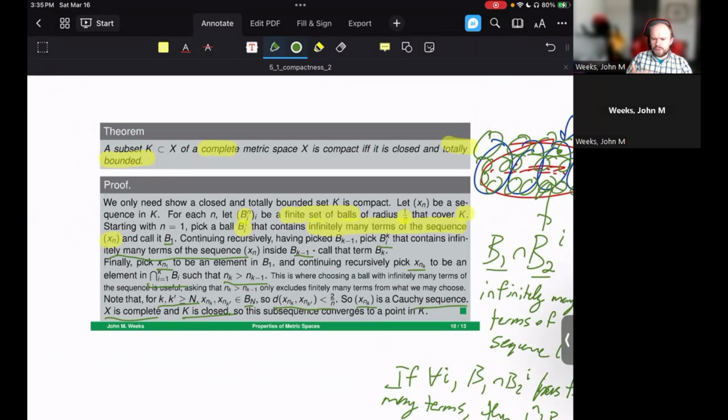But a lot of our proofs end up looking a lot like this one whenever we're trying to prove theorems with regards to compactness, using this notion of totally bounded in terms of finitely many balls of a certain radius covering a set. So looking over these sorts of proofs and knowing how this progresses from beginning to end, how we are constructing the balls that we're looking at and how that gets us a sequence later on is a very neat connection and something I recommend taking a look at in some depth.